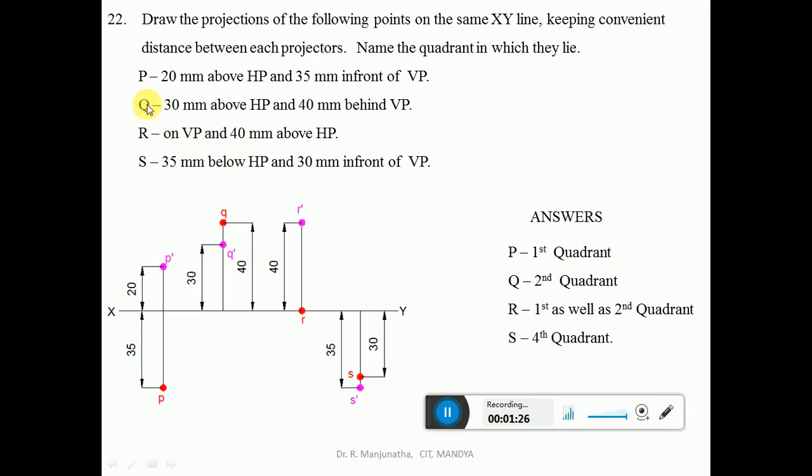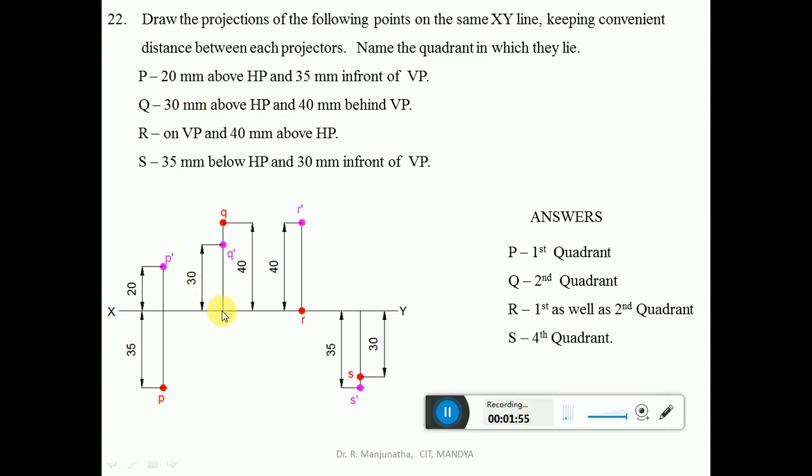Similarly, capital Q is 30 mm above HP and 40 mm behind VP. Above HP and behind VP will be in the second quadrant. So above HP will be above the xy line, and behind VP is also above the xy line. The 30 mm above HP will be seen in the vertical plane, and an image on the vertical plane is the front view.